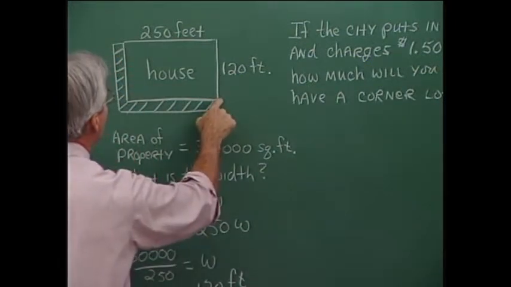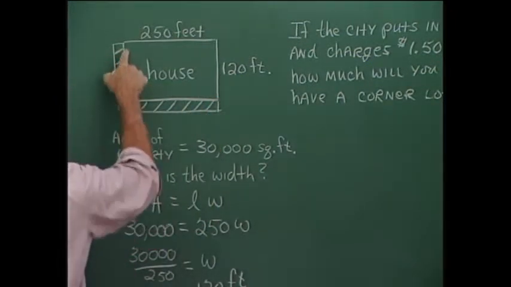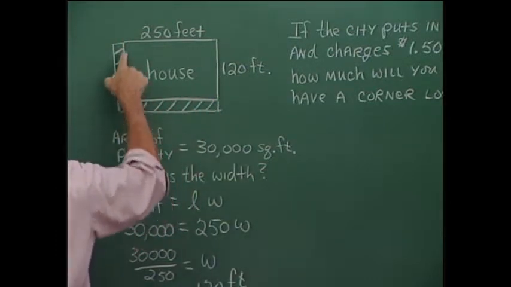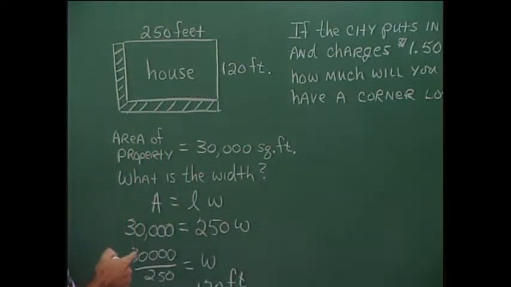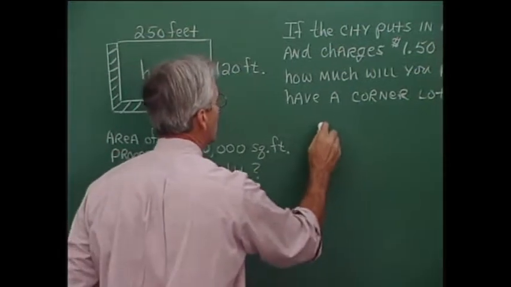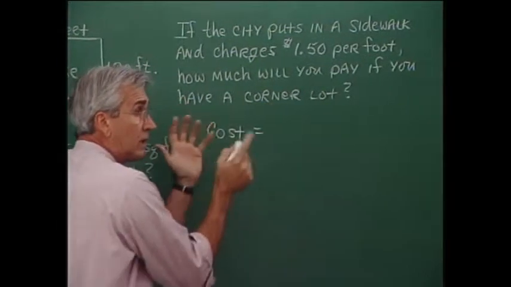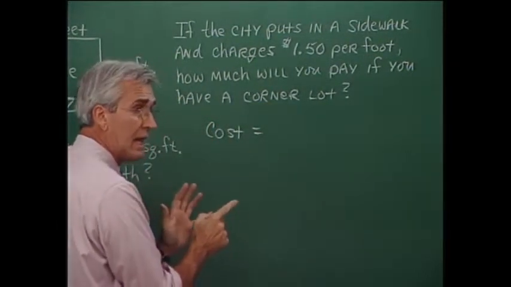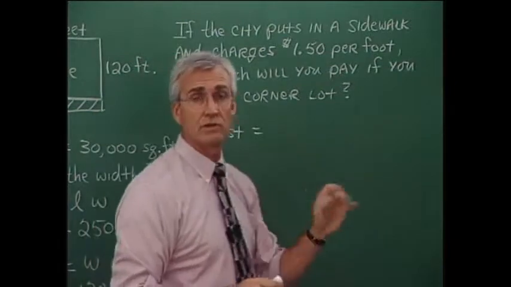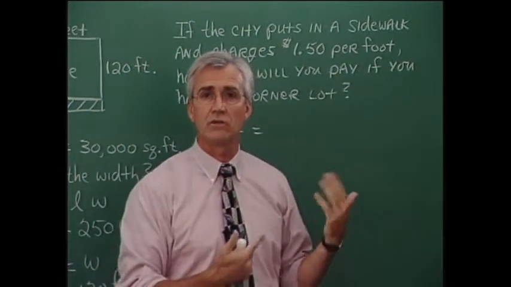So it's attaching the sidewalk along this side of the property and that side. So we're just going to add these two to get the total linear footage. But how do we calculate the total cost? Well, notice that I'm starting to build a mathematical model for a solution, and that model doesn't have a formula associated with it. I'm just doing it by the nature of the problem.